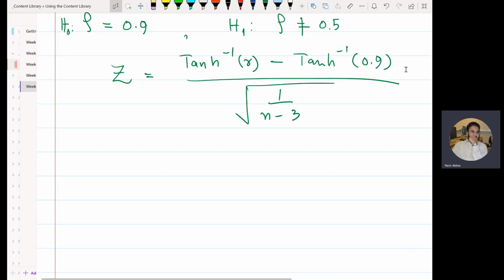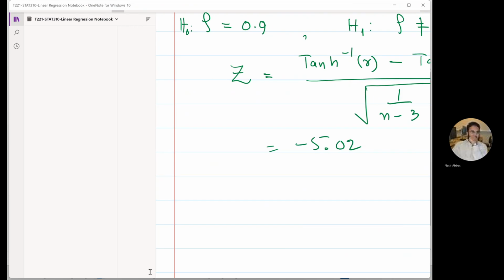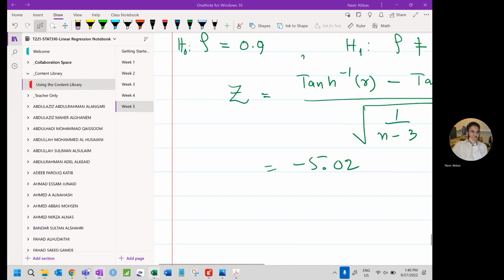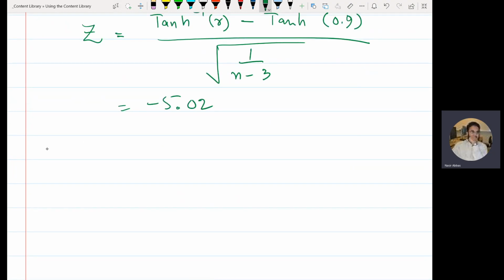Now, I got this to be minus 5.02, I guess. Once I have it, I have the option to go for either a critical value approach or a p-value approach. If I go for the critical value approach, I will reject H0 if the absolute value of my z is greater than z sub 1 minus alpha by 2.